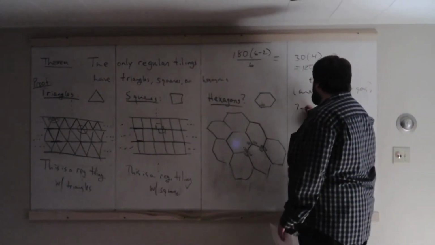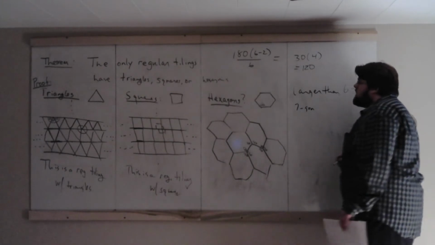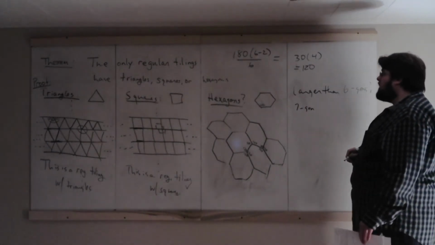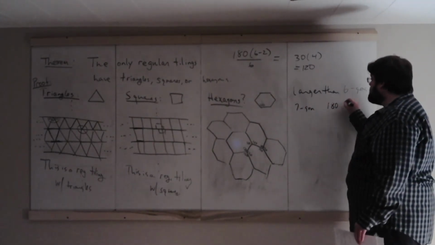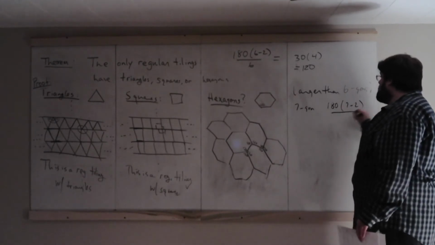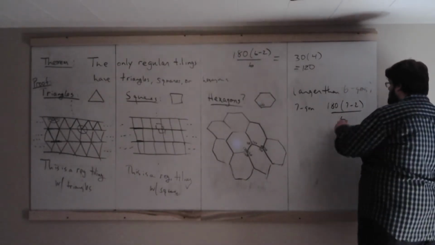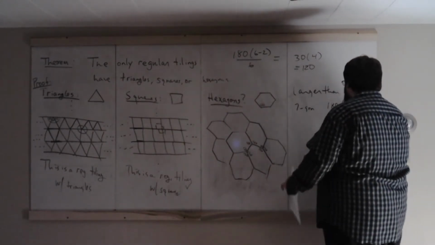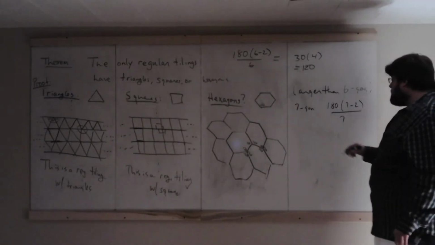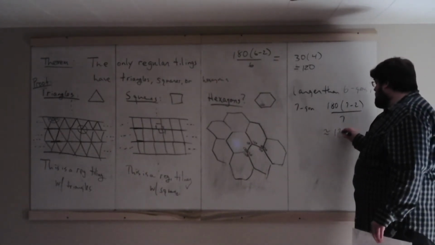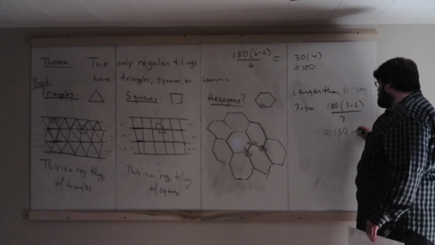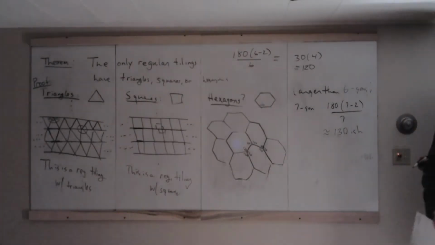Let's try a 7-gon. What's the interior angle of a 7-gon? Well, it's 180 times 7 minus 2 all over 7. What's that number? 180 times 5/7, that's, I don't know, 130-ish, let's say. Somewhere around 130.